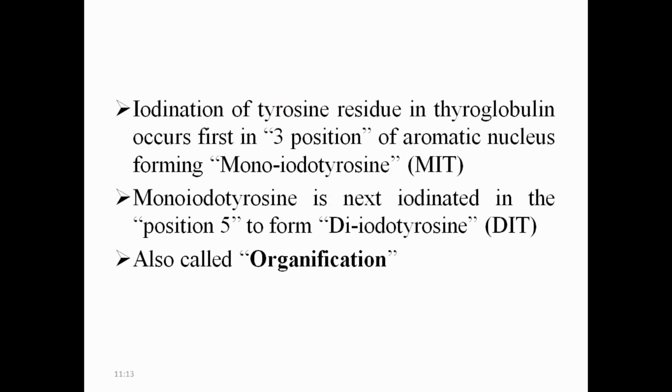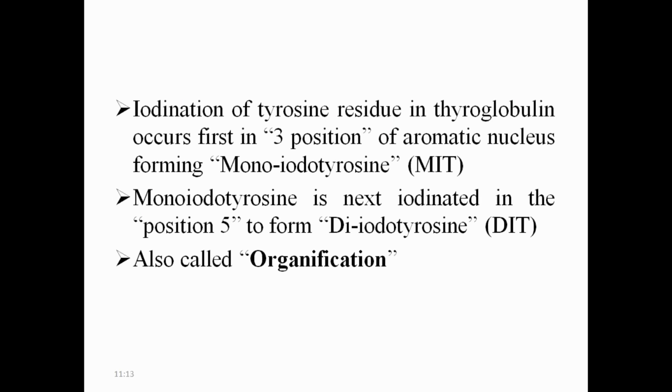The process of iodination, that is the binding of iodine to the tyrosine residues in thyroglobulin, occurs first at the third position of the aromatic nucleus, forming monoiodotyrosine. And the second iodine is inserted at the fifth position of the monoiodotyrosine to form diiodotyrosine.